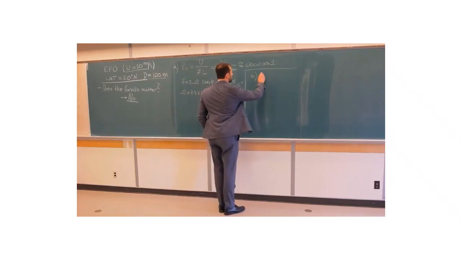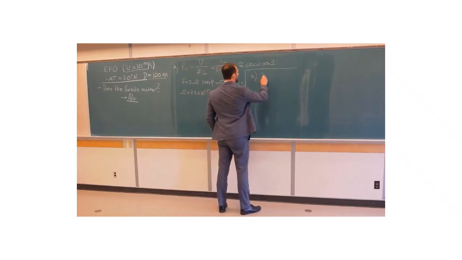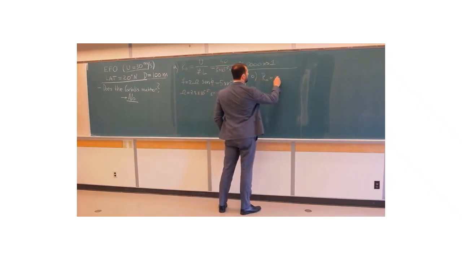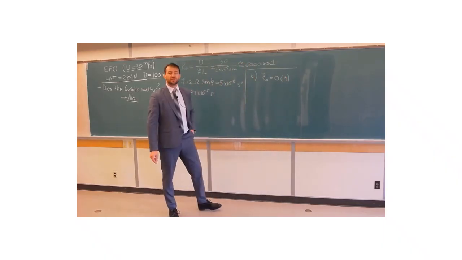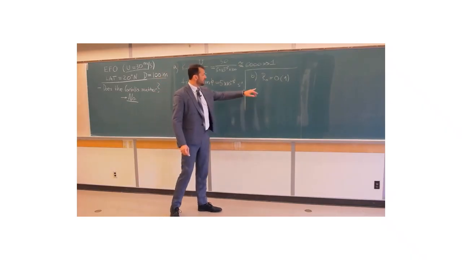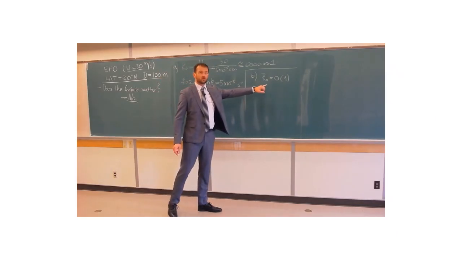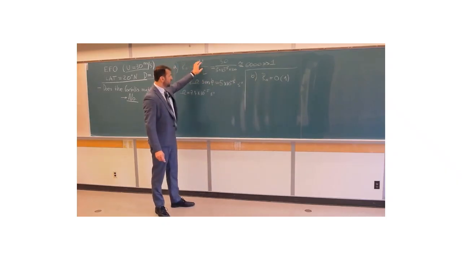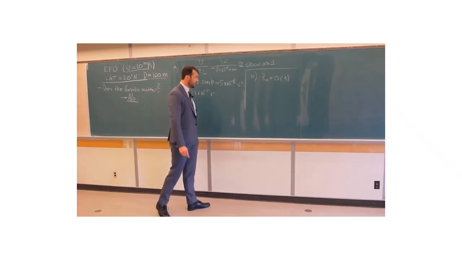If the Rossby number is of order of magnitude 1, that means that the Coriolis force is equally important as the inertial forces. Taking this order of magnitude value, we can find U that satisfies it.